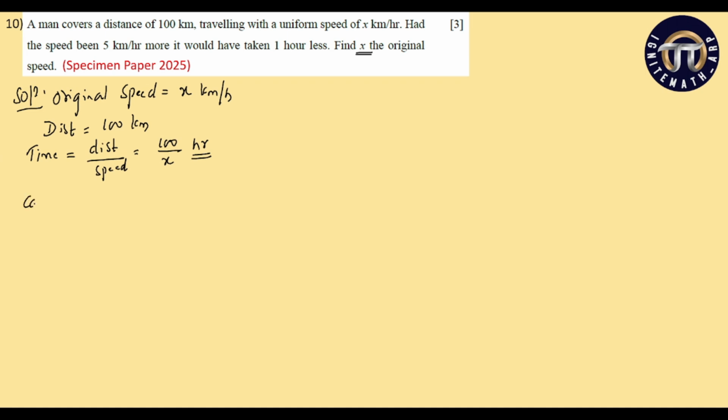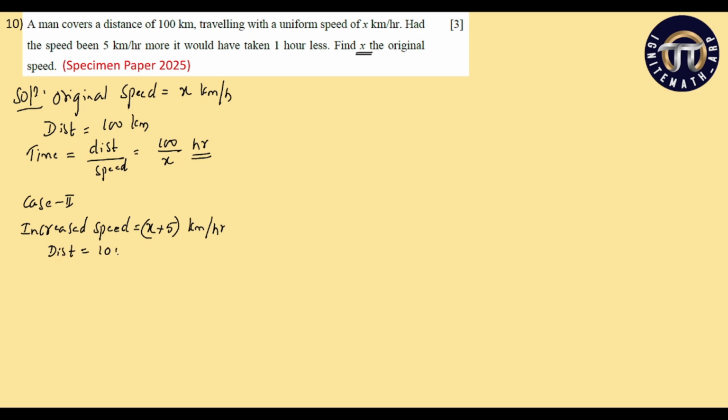Clear? So case 2 I will write. Case 2, increased speed. What is the increased speed? Now if the speed is 5 km per hour more, so increased speed is going to be x plus 5 km per hour. Clear? Distance remains the same.